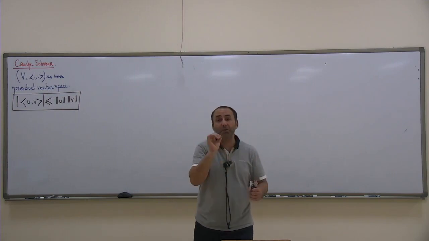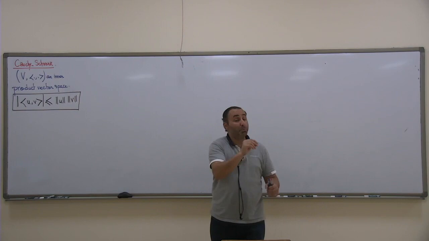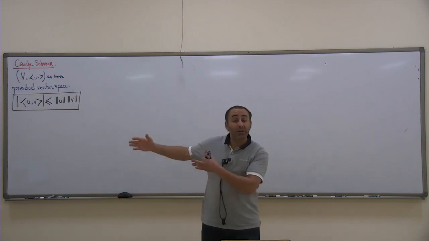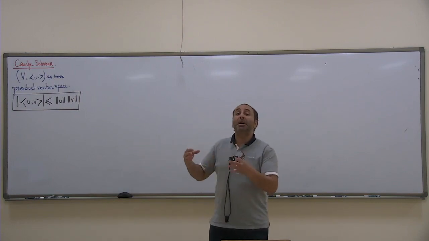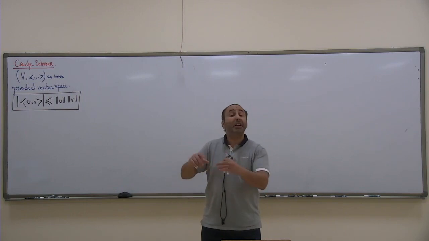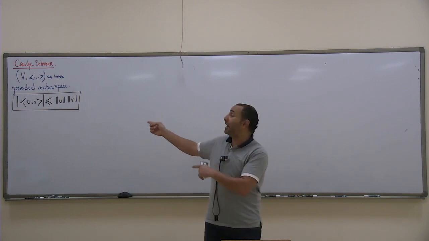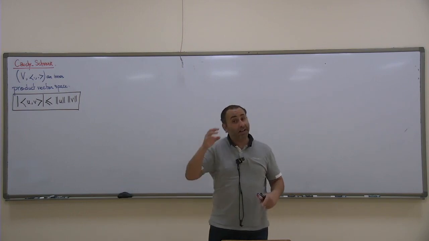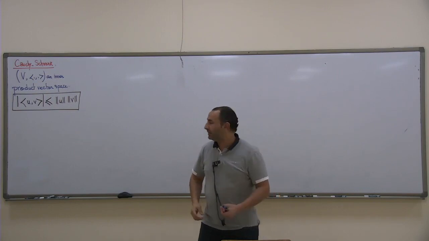However, every word that we are using here is motivated by something. So, for example, now I'm going to talk for you about cosine of the angle of two vectors, and you will see how this is motivated by this Cauchy-Schwarz inequality, and the cosine will make sense for you.